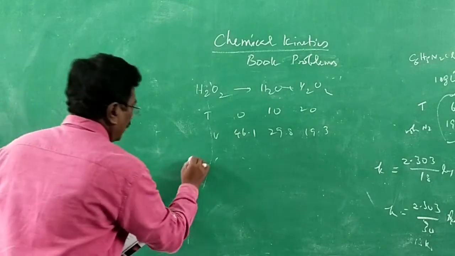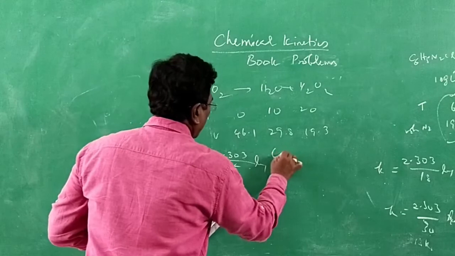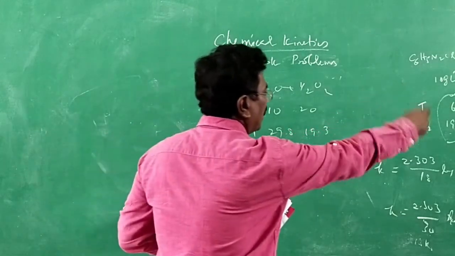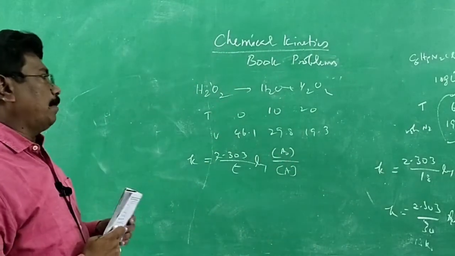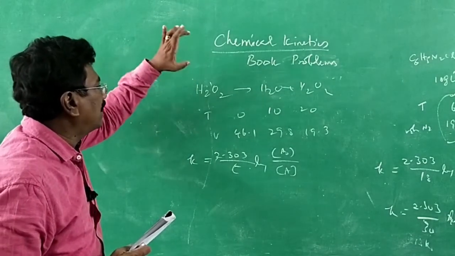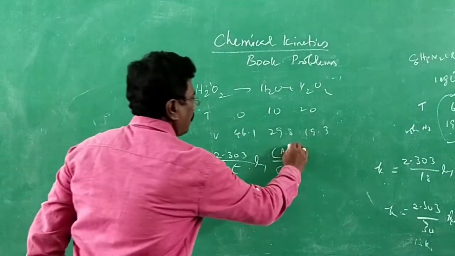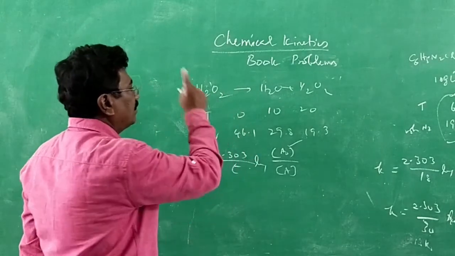Now again k is equal to 2.303 by t log a naught by a. Here you should know the difference between that reaction and here. There we have measured the volume of nitrogen. Here we are measuring the concentration of hydrogen peroxide at the start of the reaction, initial concentration. a0 is nothing but concentration of hydrogen peroxide at the start of the reaction.